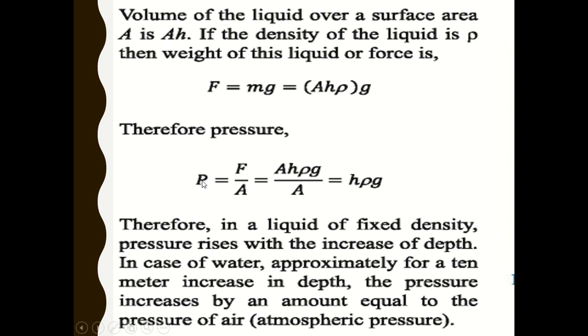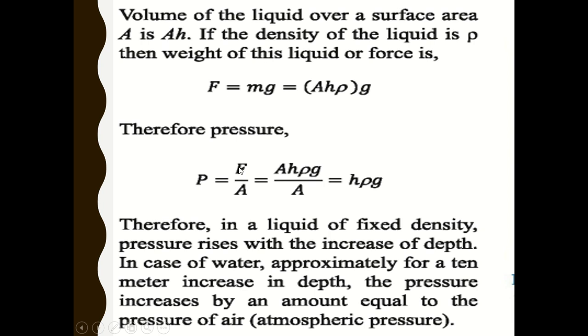Again, you can also use the formula P equals mg by A, but not at all times. If you want to find out the pressure at a point inside the sea, you can't use the formula P equals mg by A. Why?